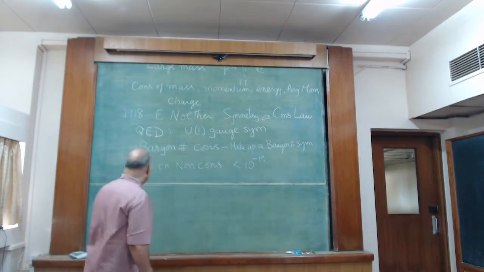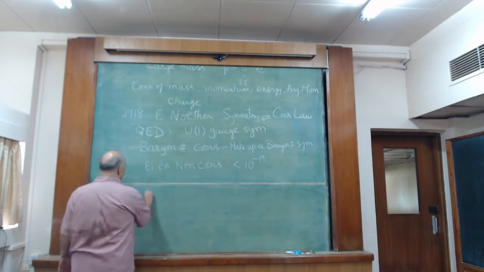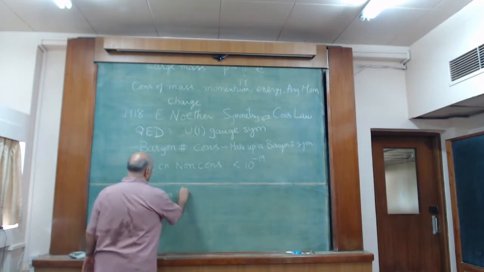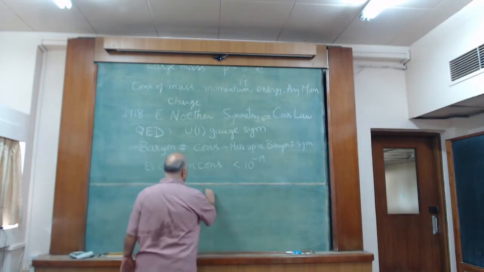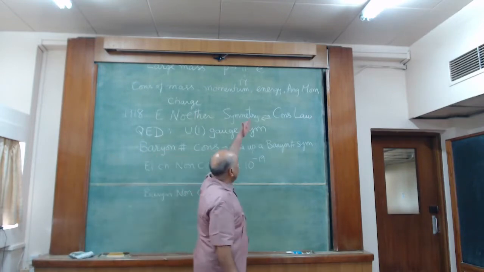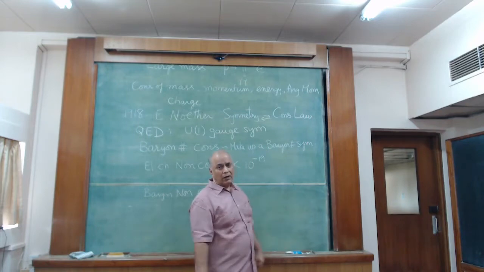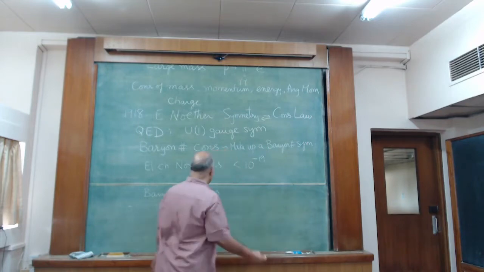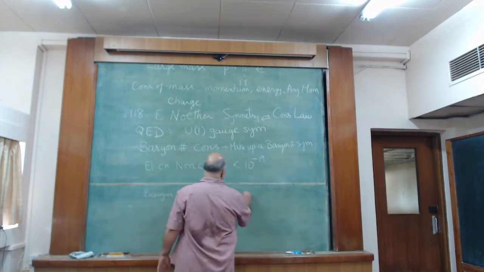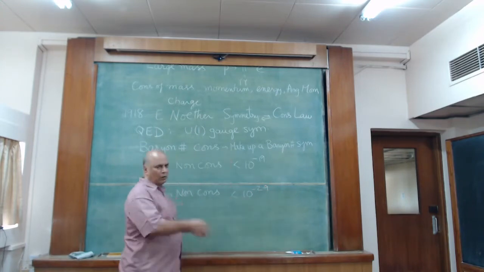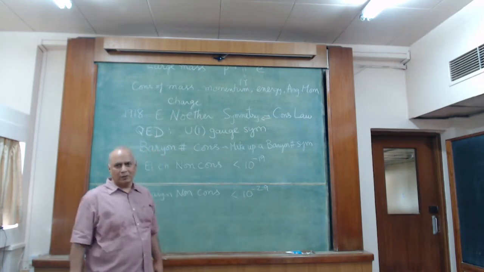But on the other hand, the baryon number non-conservation, if we believe that 10 power 29 years lifetime, it should be something like 10 power minus 29, or maybe even smaller number.